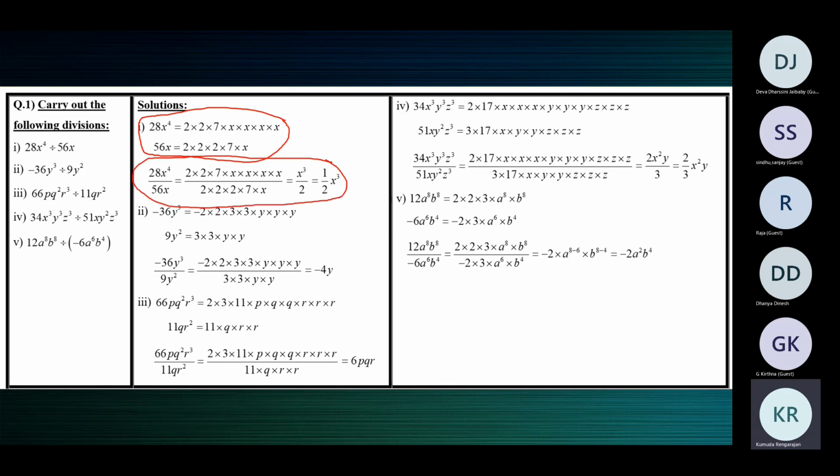So here it is taking the numerator 28x to the power 4 and showing the factors. Then taking up the denominator 56x and showing the factors and then dividing them. You can just check if your teacher is particular that you must show this step, then you have to. Otherwise, you can do only this part.